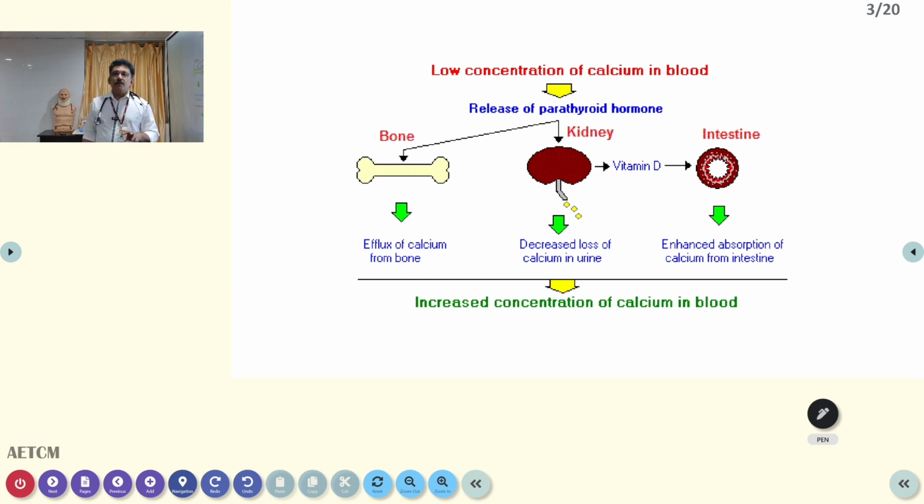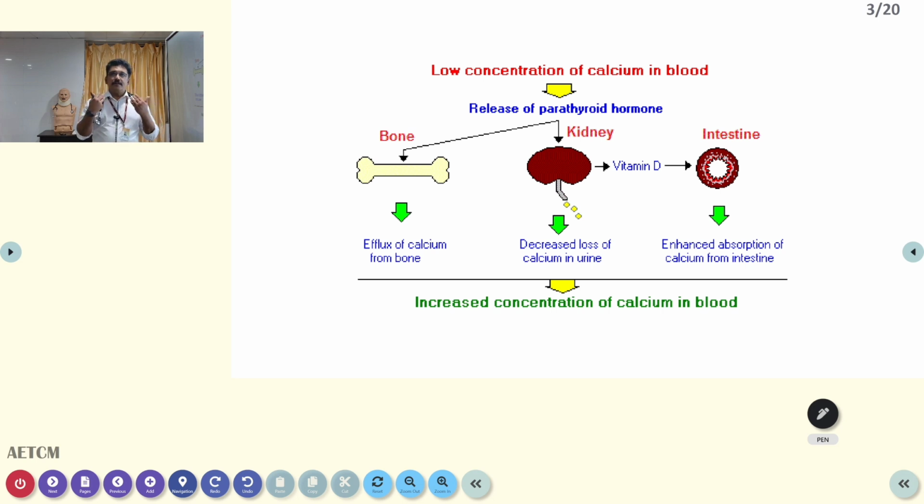It acts on various organs, especially bone, kidney, and intestine. In bone, it releases calcium from the bone. In the kidney, it reduces the excretion of calcium. In the intestine, it increases the absorption of calcium. That is the action of parathyroid hormone.